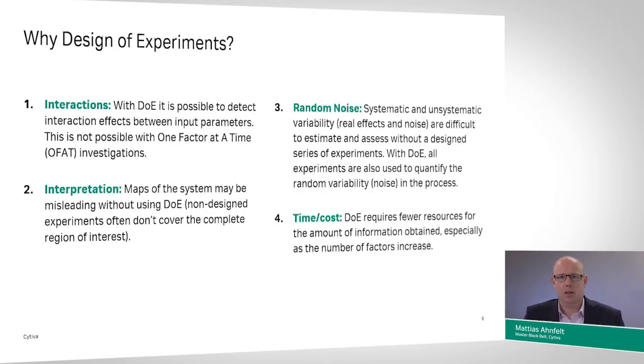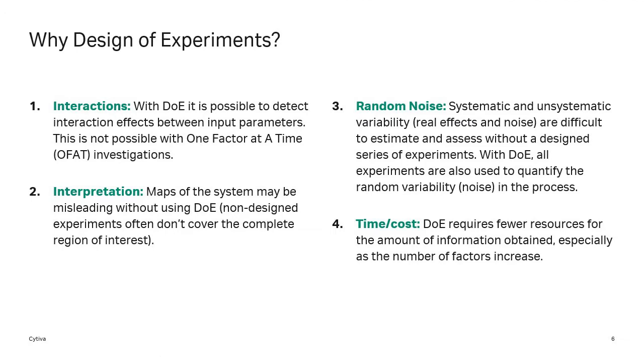Thirdly, the third reason for DoE has to do with random noise or process variability, which truly is a very important aspect from a manufacturing perspective, because it's not only about having the best set point for the process, it's also about quantifying how much random variation we should expect around a locked down process or a sweet spot for our processes.